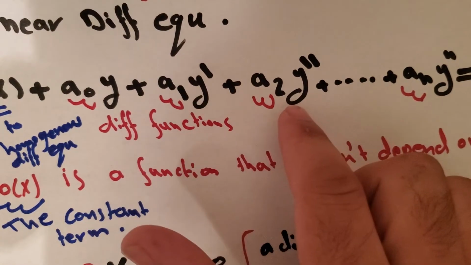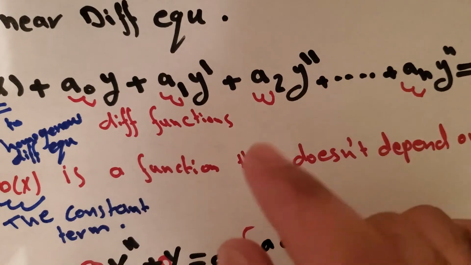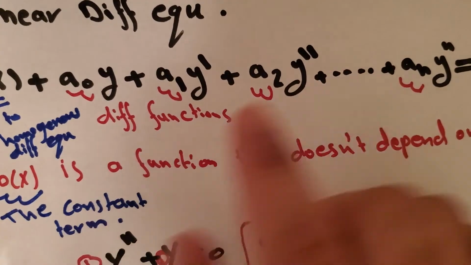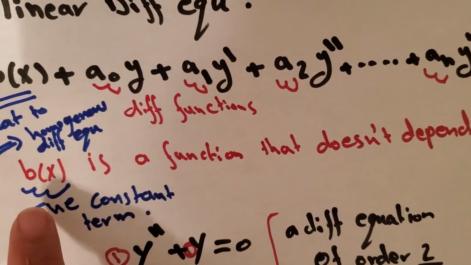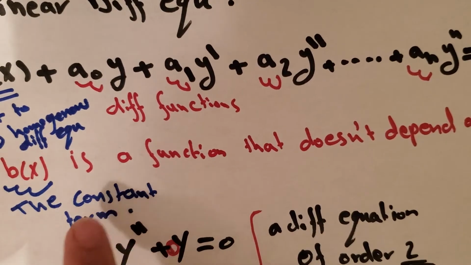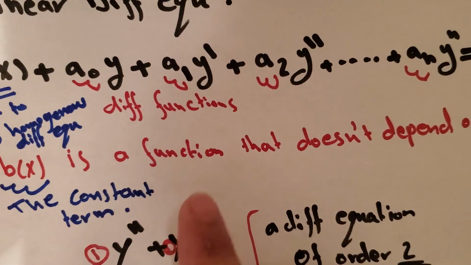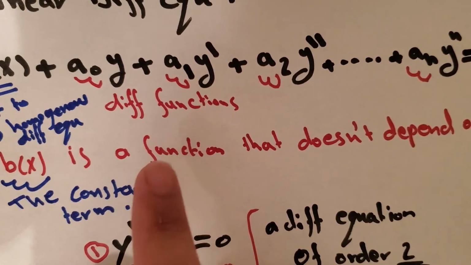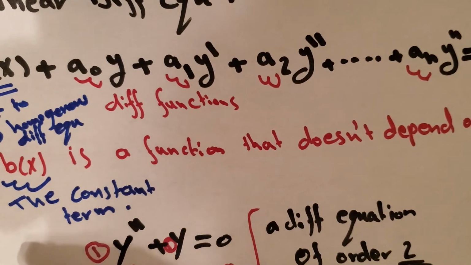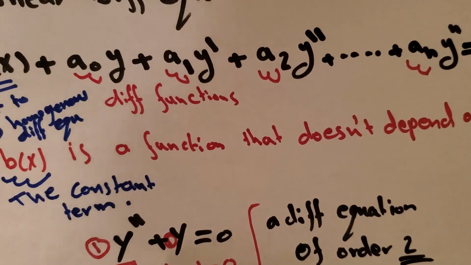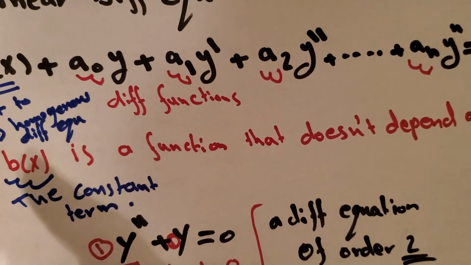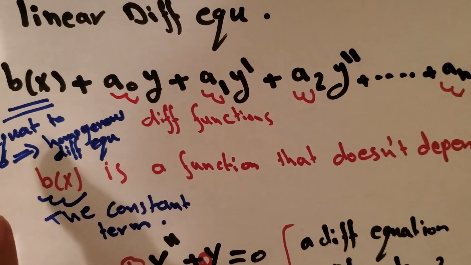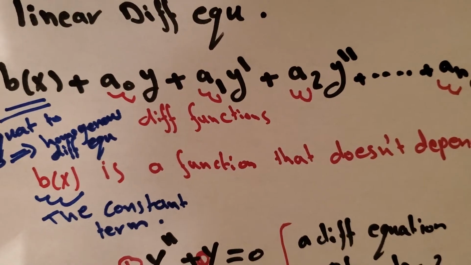And we said that if b(x) is equal to 0, then the linear differential equation is called a homogeneous differential equation, and b(x), as we said before, is called the constant term.